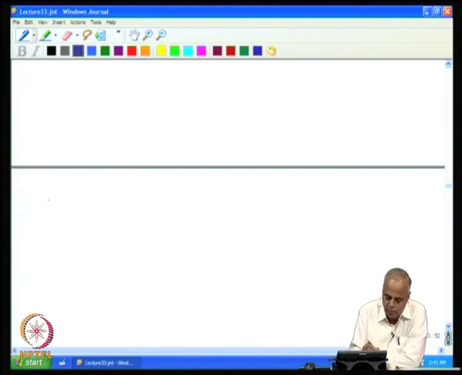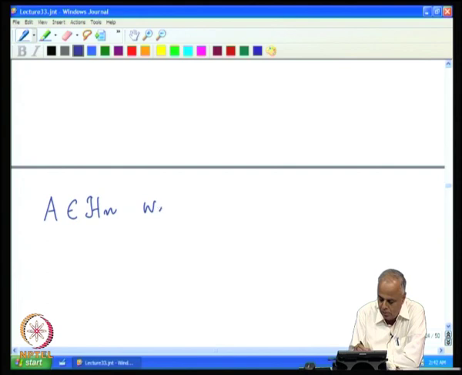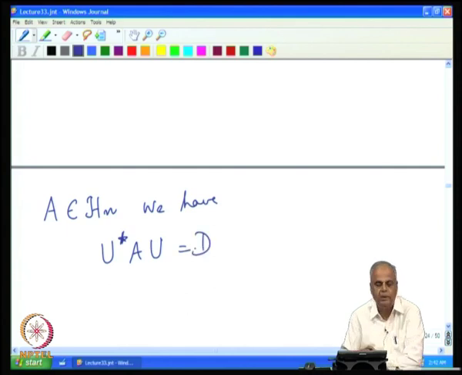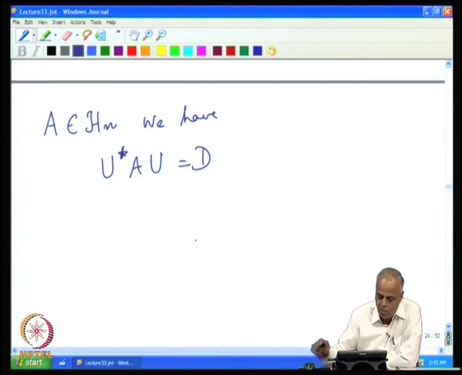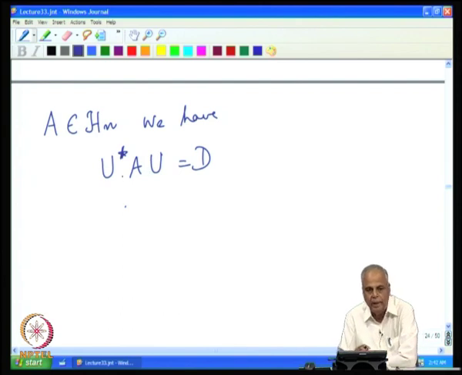So, therefore, if A is in H n, we have U star A U is the diagonal matrix D as seen above. So, unitarily diagonalized. What does that say? Since U star is the inverse of U, U star U is identity.